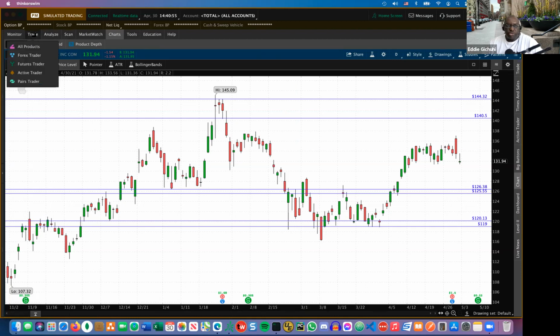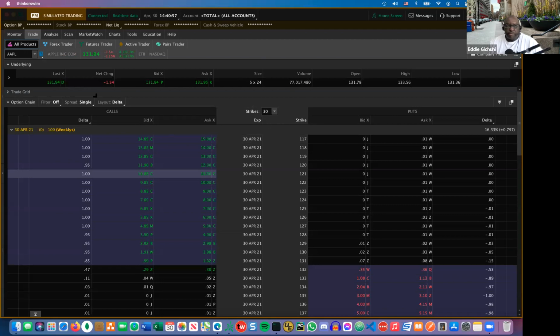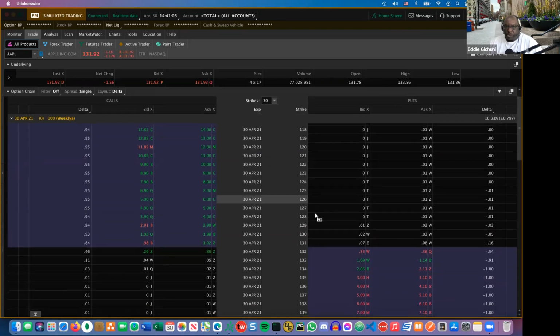I would go to my trade screen and look at the singles, on the puts side. And this is Apple, by the way. So I would choose this strike price. This seems close enough. And the ask is what I would choose, 37, right?